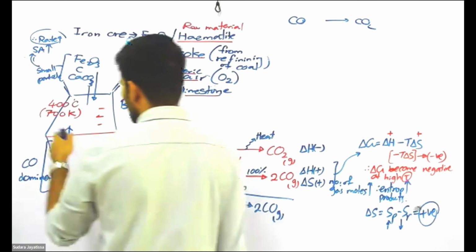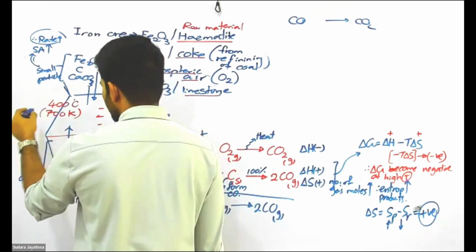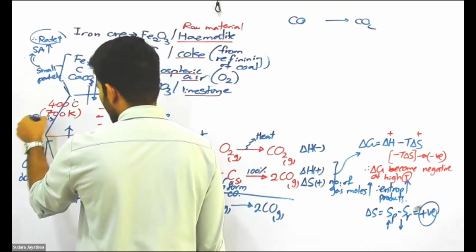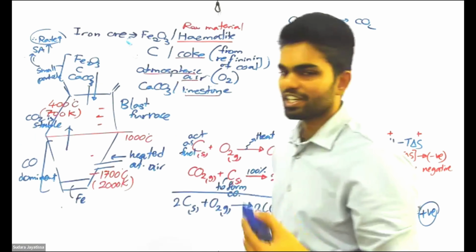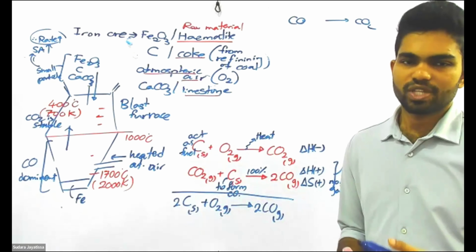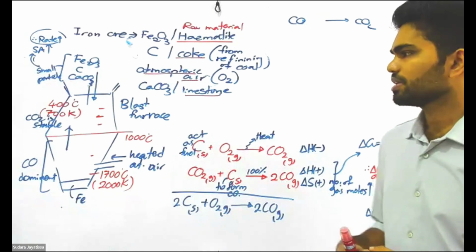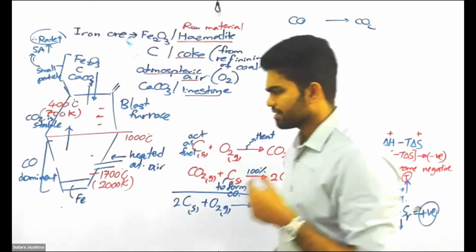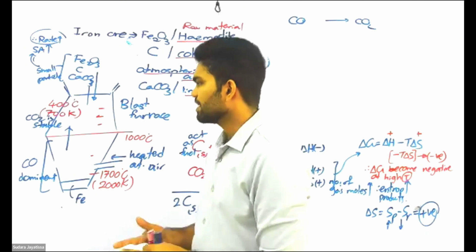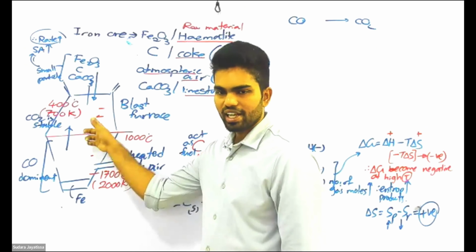When it goes up, carbon monoxide is no longer stable. Carbon dioxide is stable in this region. So now carbon monoxide needs to become carbon dioxide. You understand that point? Okay, so now there is a huge problem. The thing is, we don't have O2 in this region.